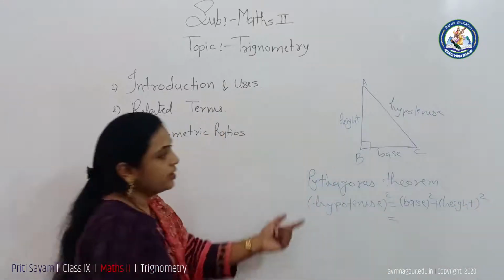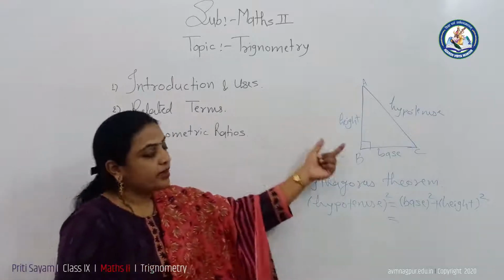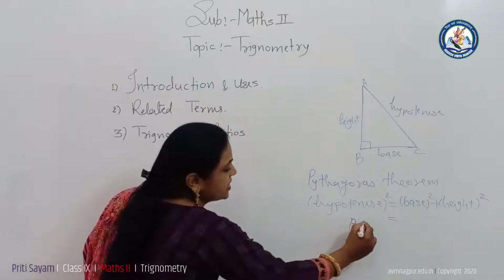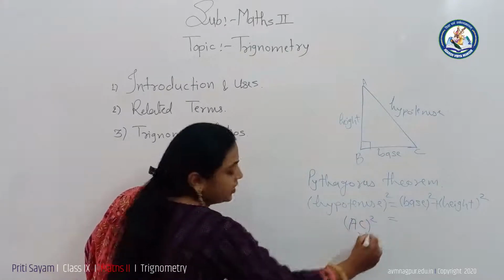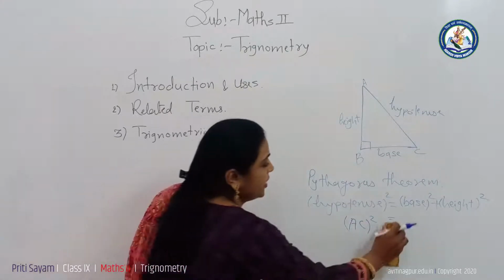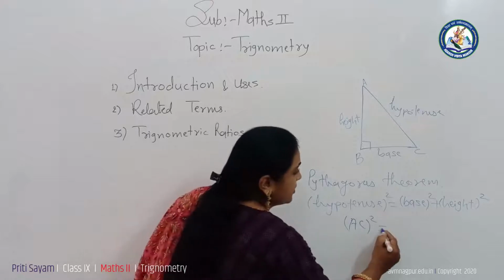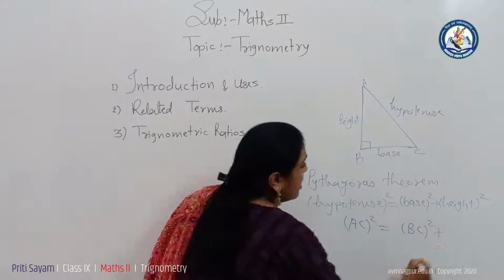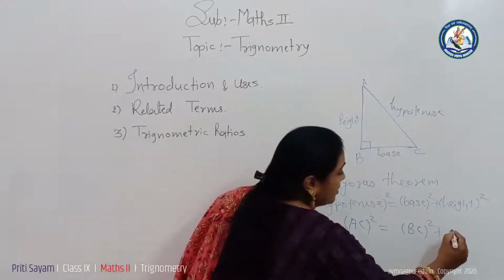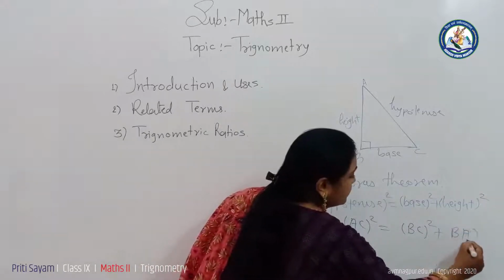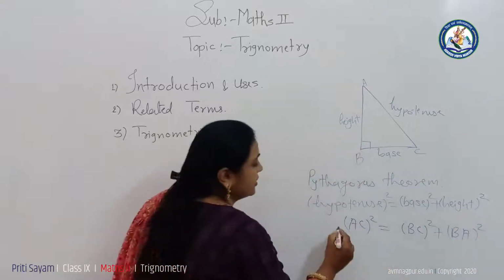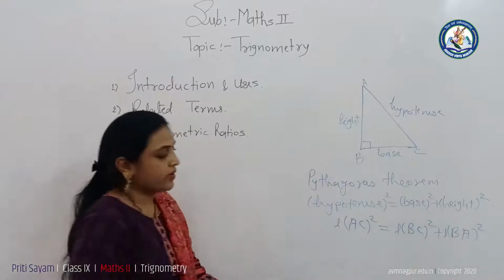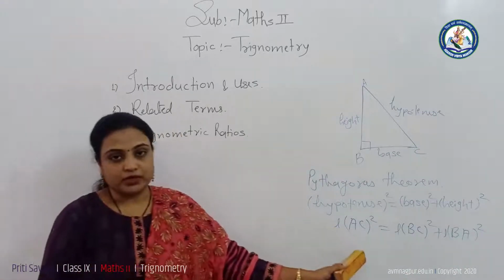Now in right angle triangle ABC, the hypotenuse is AC, therefore AC square equals base square, meaning BC square, plus height square, meaning BA square. This is the Pythagoras theorem.